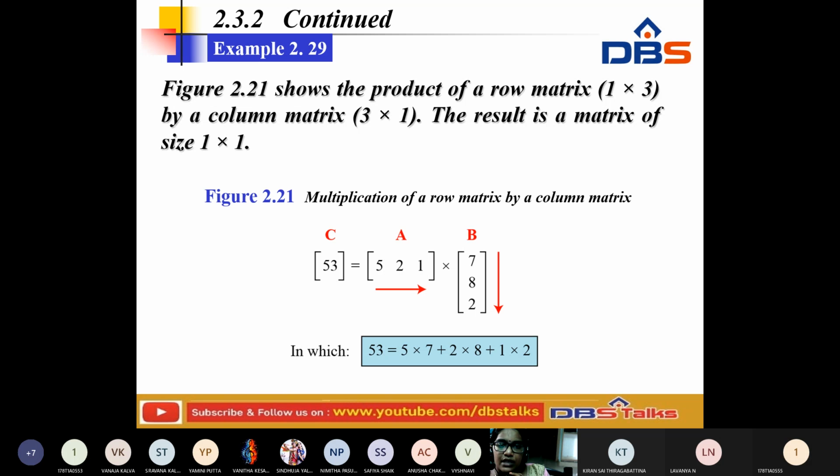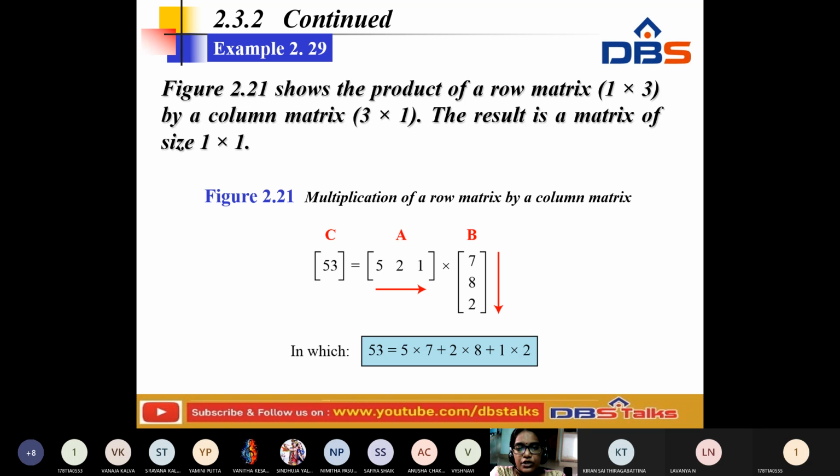We have to multiply 5 and 7, 5 into 7, plus the first row second element in the first matrix with the second element in the column of the second matrix, 2 into 8, which is 16, plus the first row third element with the third element of the column, 1 into 2.